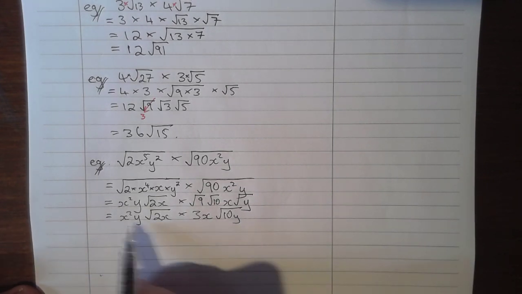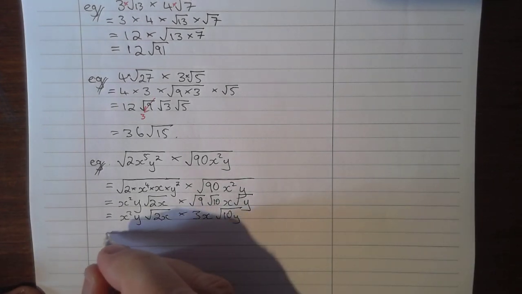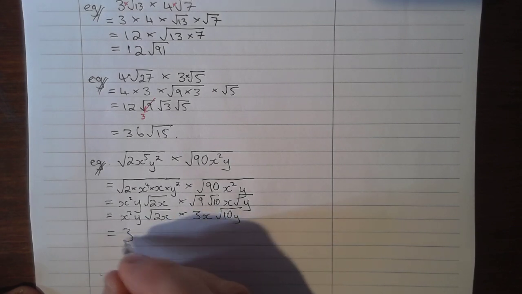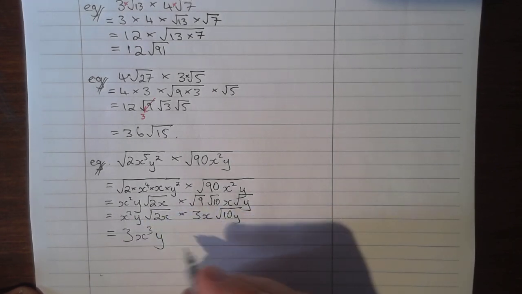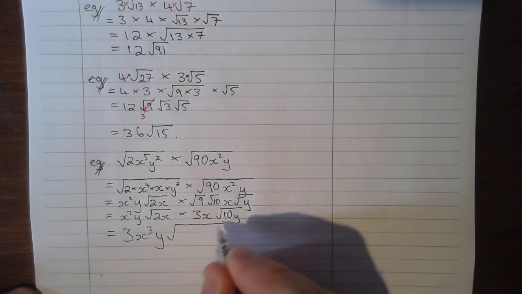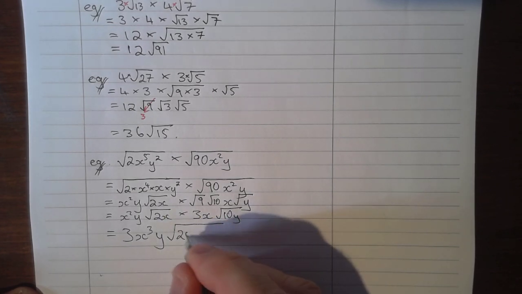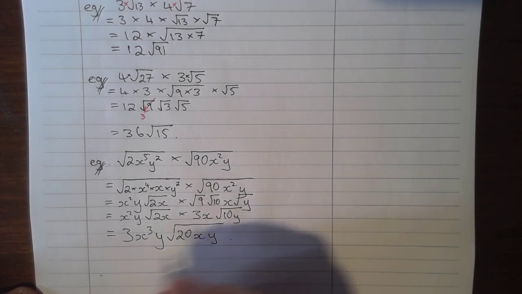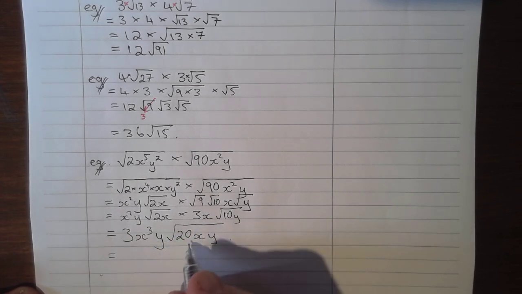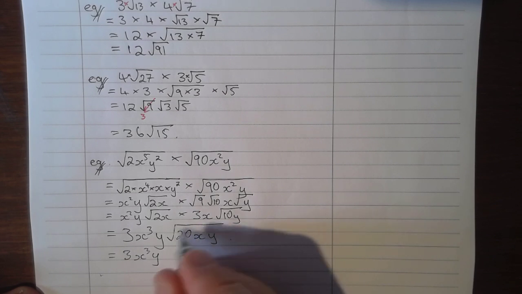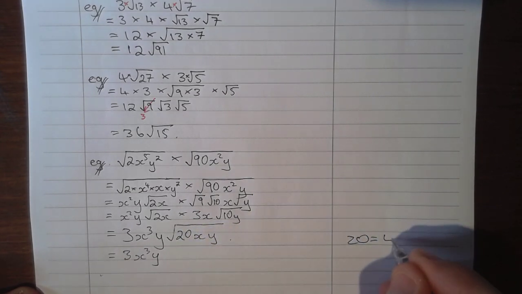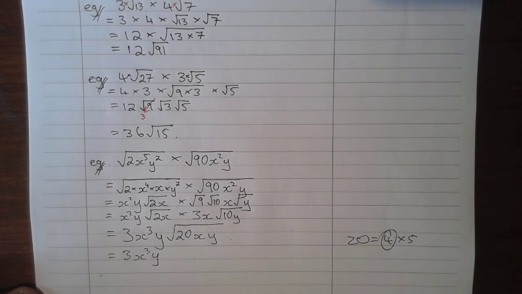Now I'm going to start to combine the non-surd parts. So we'll have 3x cubed now, x squared times x, and my y. And then combining the surd parts, 2 times 10 is 20, x and y. Now I'll leave the part out the front, I can see I've got a square root of 20. 20 is equal to 4 times 5, and 4 is a perfect square.